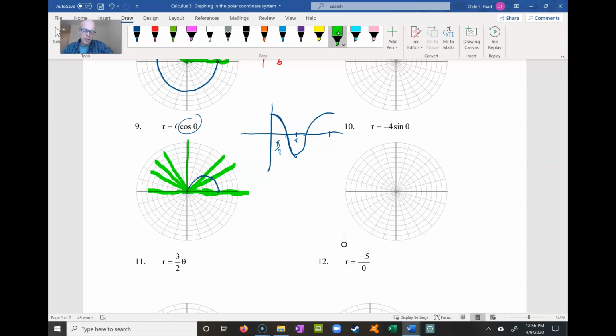So when I'm at, for example, here, I'd be back out to 6, but it's going to be negative 6. So when I'm facing this direction, notice it's going to come back to that point right there.